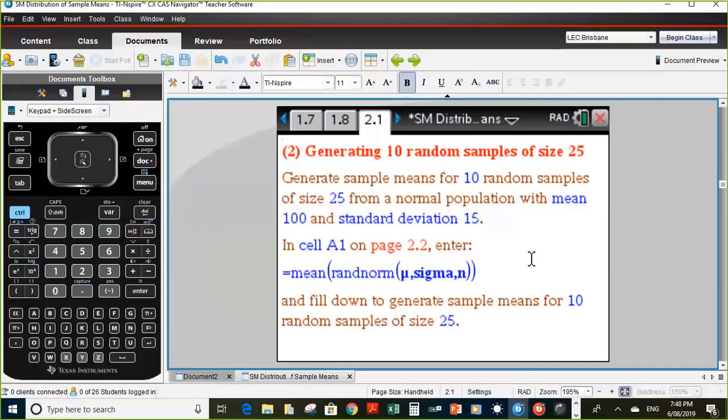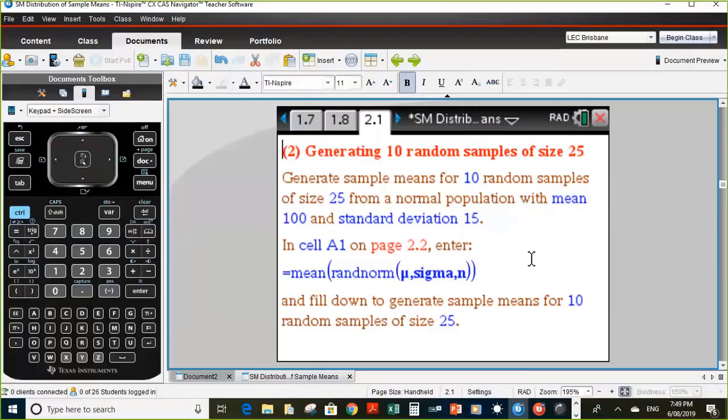And when we look at the next page, in cell A1 on page 2.2, what I've done is, again, exploiting the syntax for TI-Nspire, the random normal command, mu, sigma, n, and they've all been assigned values. Mu is 100, sigma is 15, n is 25. And we've generated a cell formula equals the mean of those.